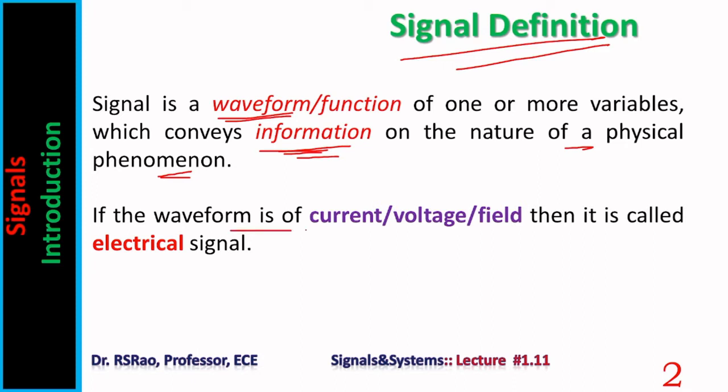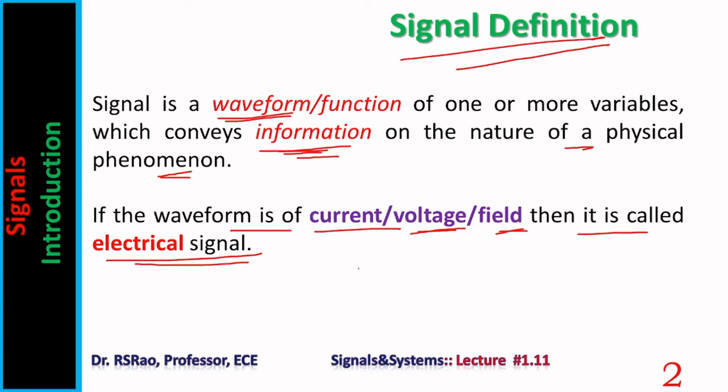If the waveform is of current or voltage or field, then it is called an electrical signal. Signals can be divided into mechanical and electrical. Sound is an example of a mechanical signal. And if the signal is in the form of current, voltage or field, then it is an electrical signal.